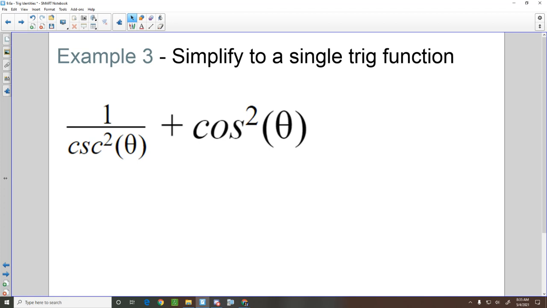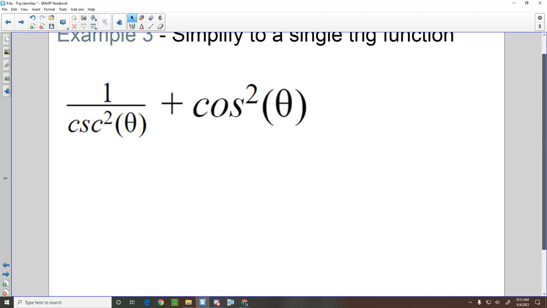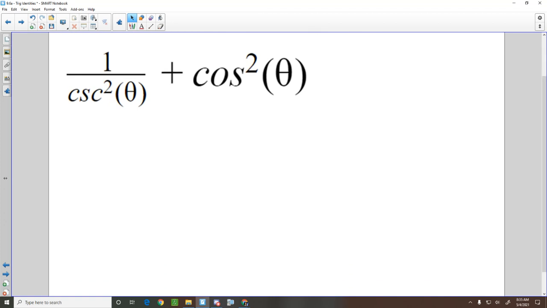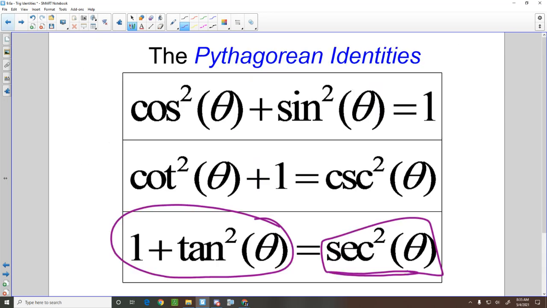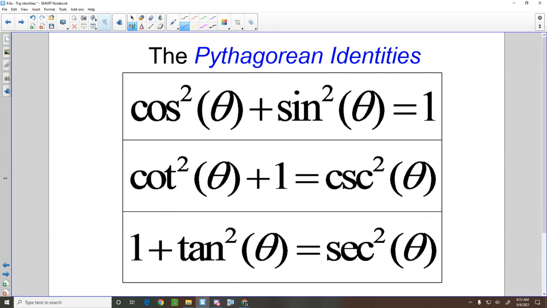All right, so hopefully the way that I would think about this problem is, right away I'm seeing addition and I'm seeing squared functions. So I want to think, okay, these new Pythagorean identities are probably going to come into play here, because they deal with adding or subtracting squared trig functions. And I don't have any trig function that has a fraction in it, right? None of these Pythagorean identities have fractions.